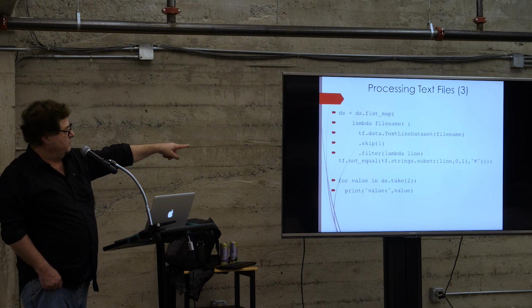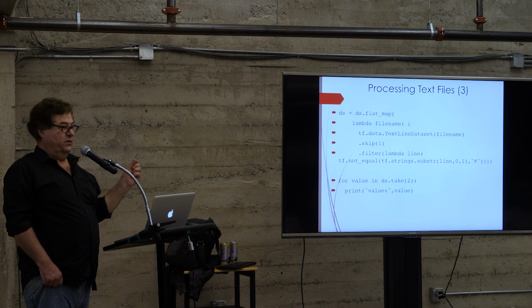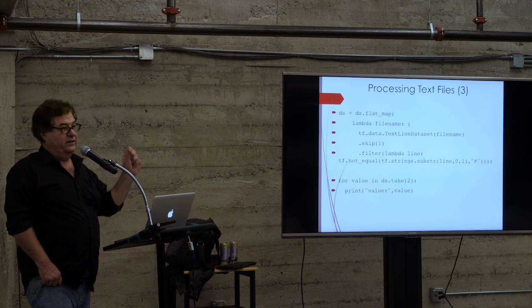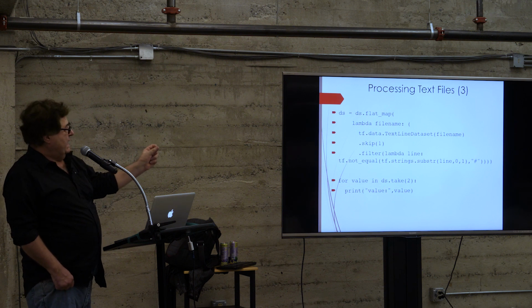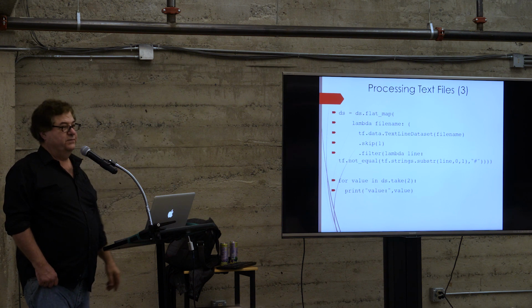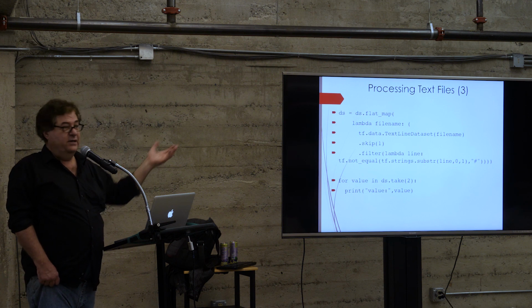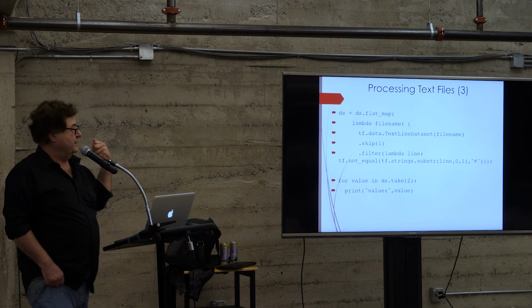It looks at tf.strings.substr of line, 0, 1. So starting in position 0 for a length of 1, meaning the first character. And it then says, is this character not equal to that pound symbol? If that's true, it's a non-comment line. That's what we want. We're extracting the non-comment lines.